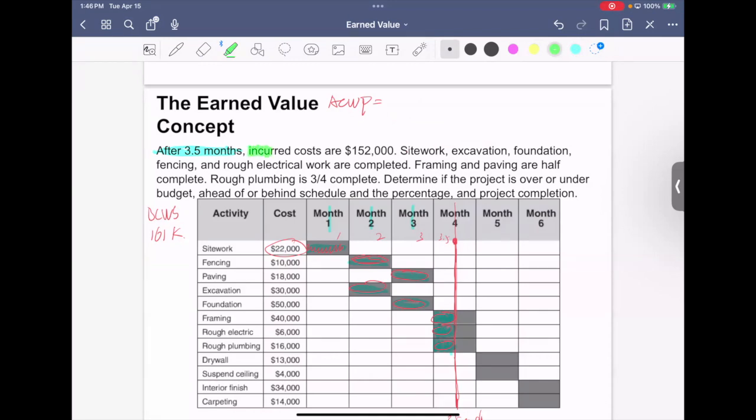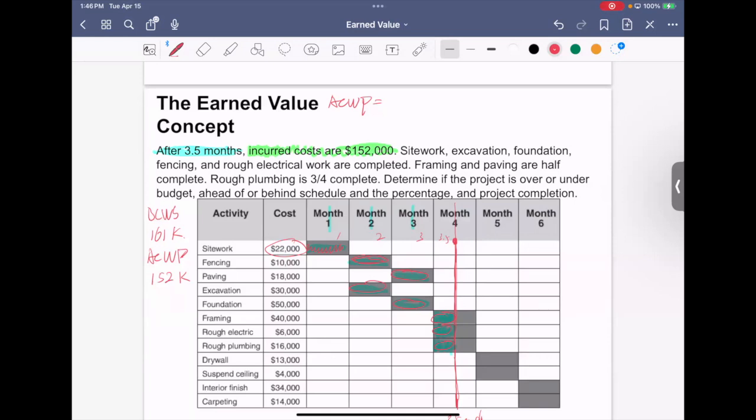After 3.5 months, you incurred a cost of how much? $152,000. That is what already happened. That is the actual cost of work performance, ACWP. So ACWP is $152,000. With the two sentences here, you have already figured out the key things, right?